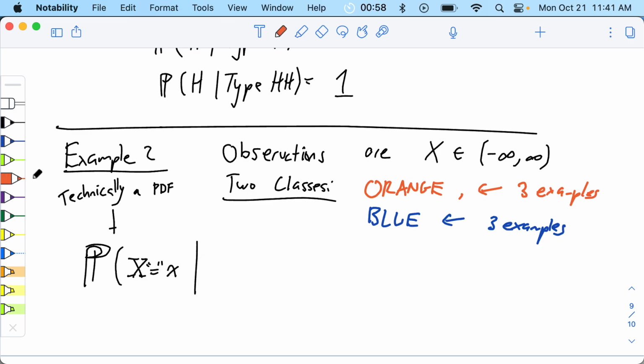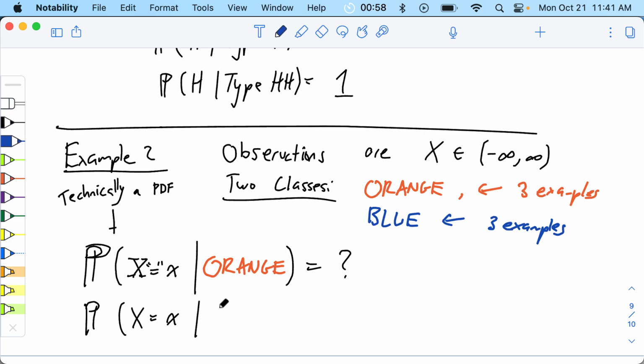Given it's orange equals question mark, we're going to put the probability x equals x, given it's blue. If you can answer this question, that's the quote easy part, then Bayes' theorem will answer the question that you actually want, which is, how do you classify? So that's what we're going to do.